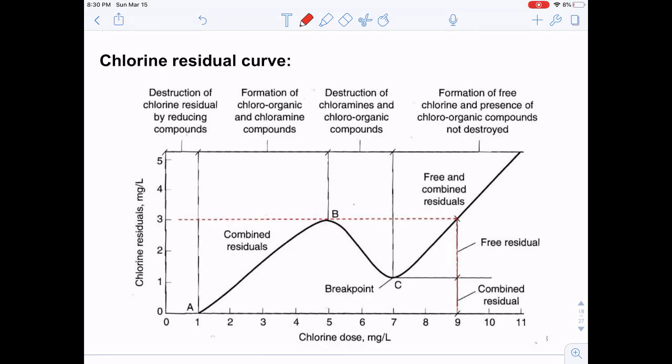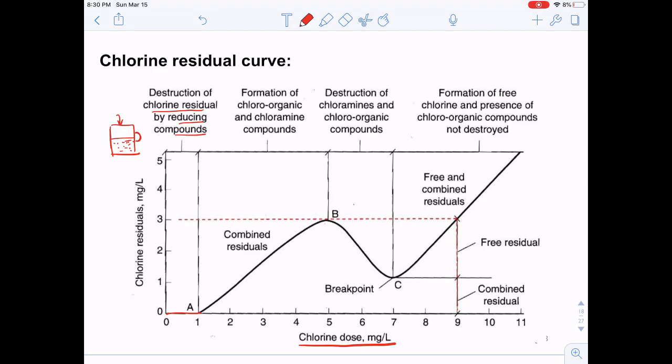Okay. Further, if we measure the chlorine residue in the water, it is quite related to how much chlorine we put in the water. So, for example, if we have a cup of water here, we know that the water itself may contain some organics inside. So if we start to put chlorine in the water, then first we will not measure any residue there.